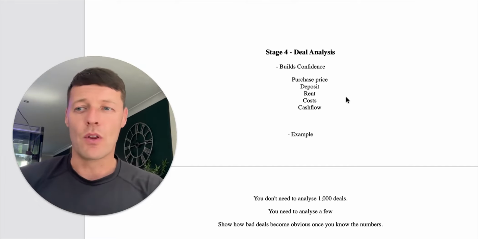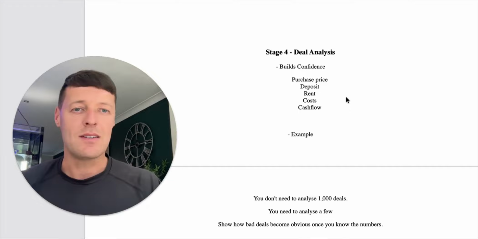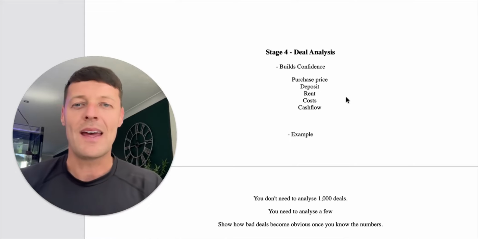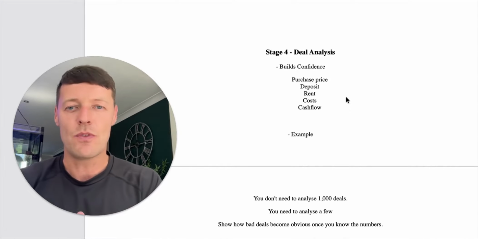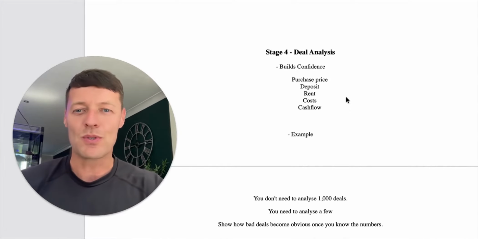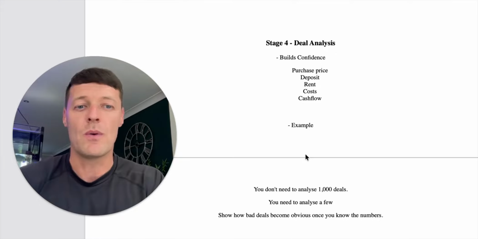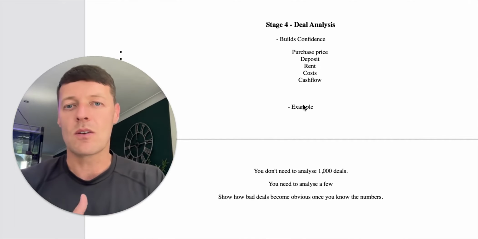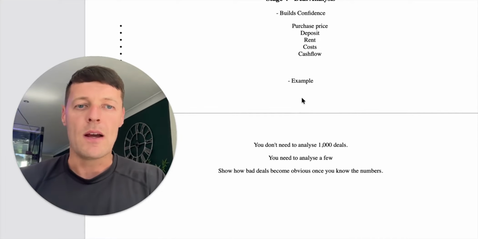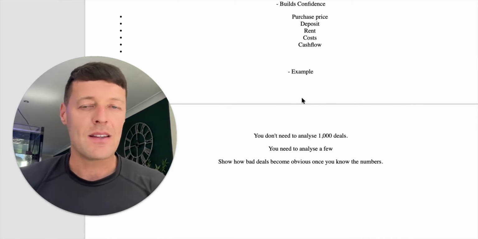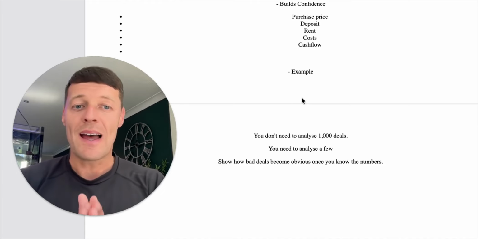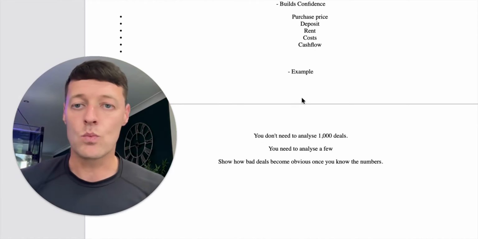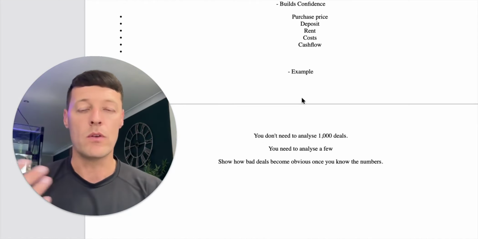You've even gone through the numbers, tried to stack a deal, and there was something in there that prevented you from moving forward with that, because maybe there's something you weren't sure of. So it's really important to nail this down and get a good understanding of it. Now, you don't need to analyze thousands of deals. You need to analyze a few, okay? And bad deals will just become obvious once you know the numbers.